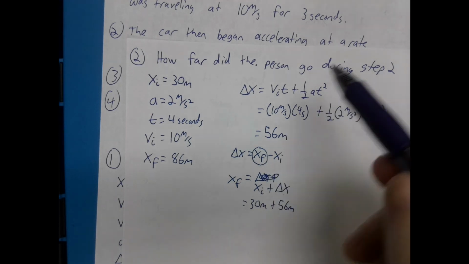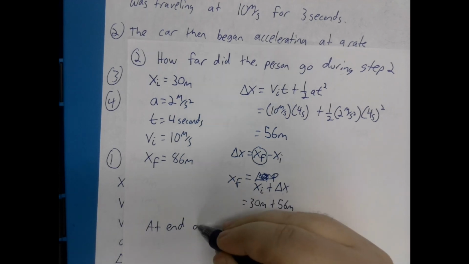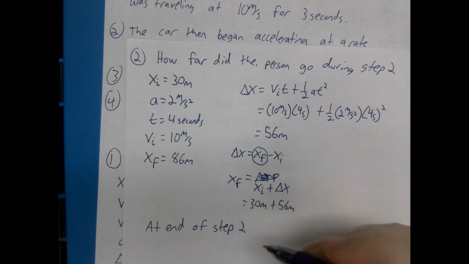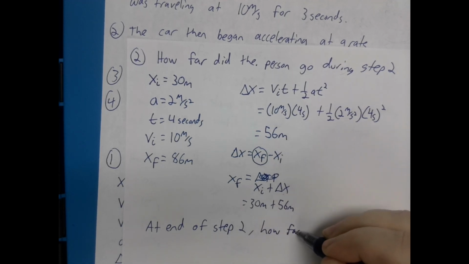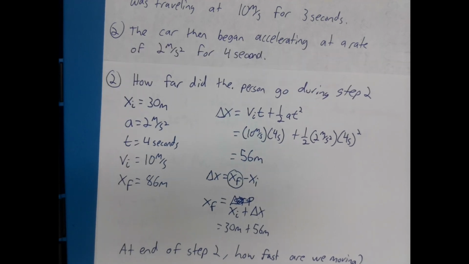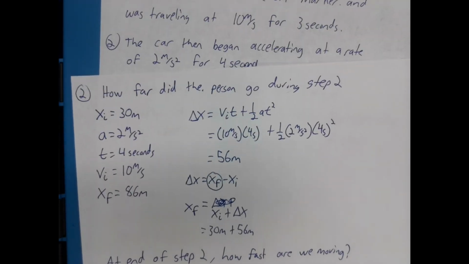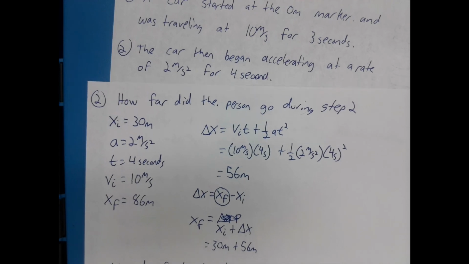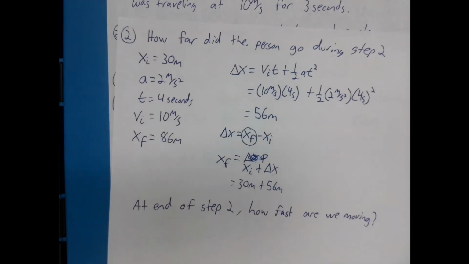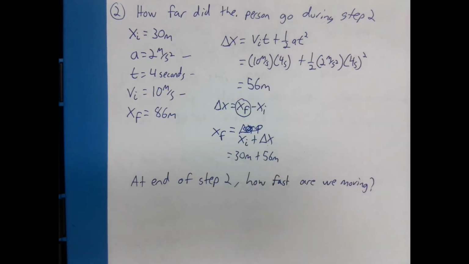How fast are we going at the end of step 2? How fast are we moving? Step 2 says a car then begins accelerating at a rate of 2 meters per second squared for 4 seconds. So we know our initial velocity was 10. We're accelerating at 2, and we do this for 4 seconds.